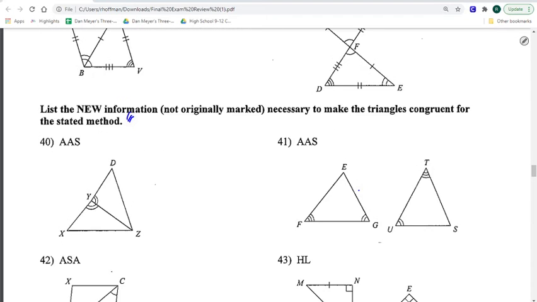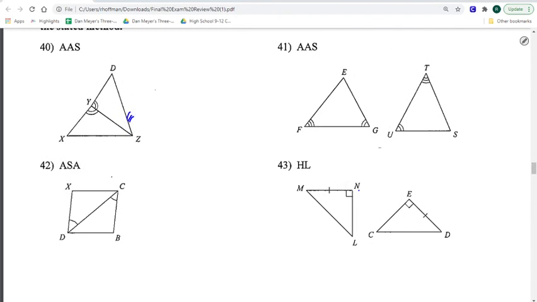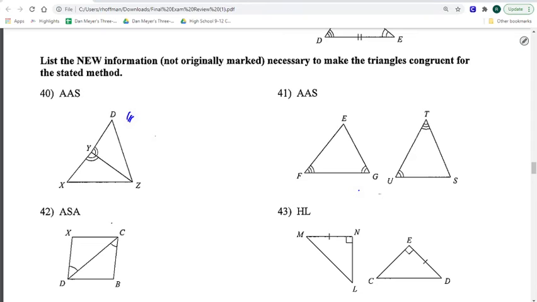Next up, I'll only do a couple of these next groups of examples, just to move things along here. The way that this works, just to remind you, state the new information not originally marked necessary to make the triangles congruent for the stated method.